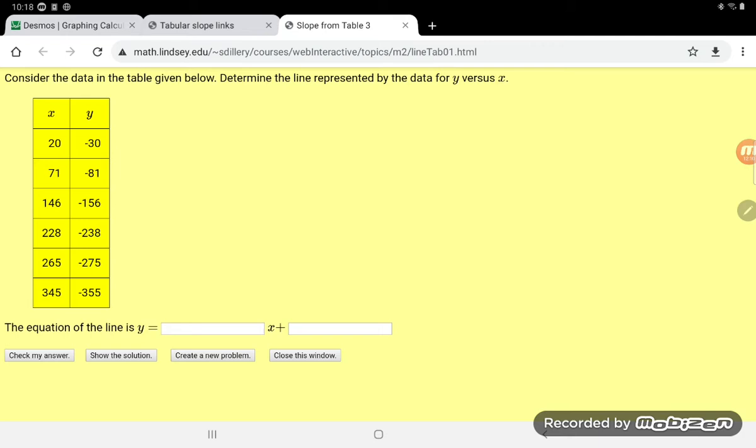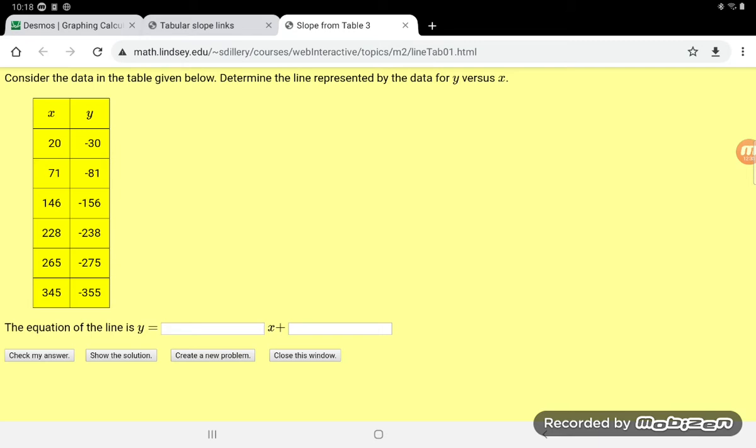Okay, so I'm given some data. Determine the line represented by y versus x. Now, since I have data, maybe what I want to do is plot it.